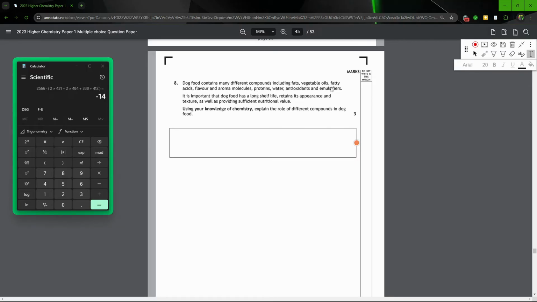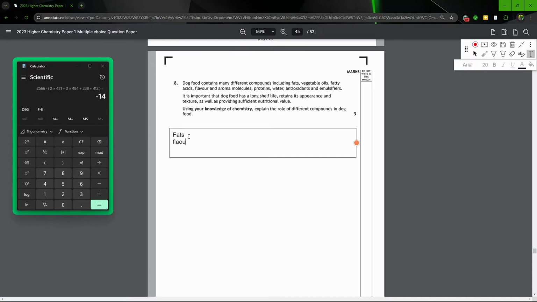So let's go and talk about, say, fats is probably a good one. We can talk about glycerol and condensation reactions and dynamic equilibrium, emulsifiers and whatnot. Fats and vegetable oils are kind of the same subject. I'm going to say, let's do flavor and aroma molecules because those are probably going to be stuff like terpenes.